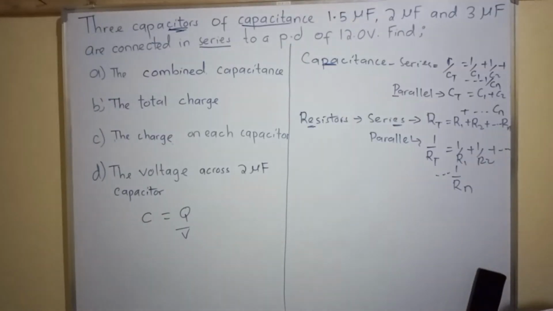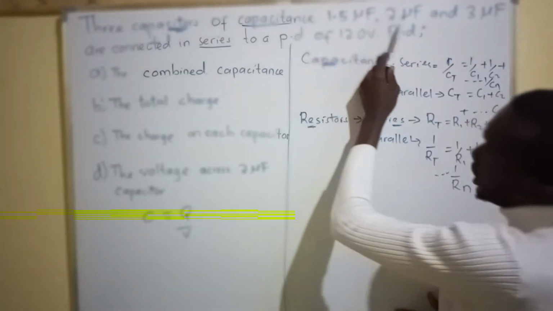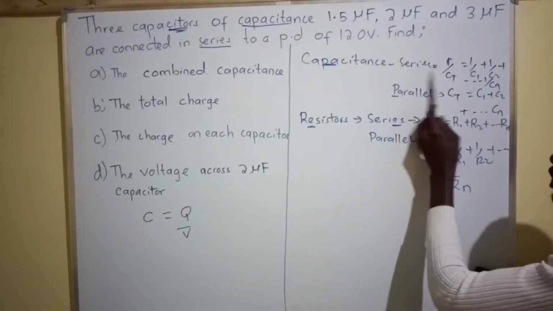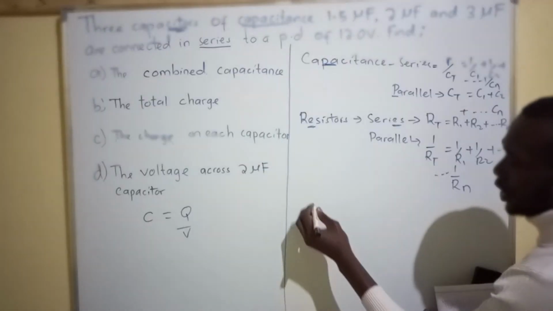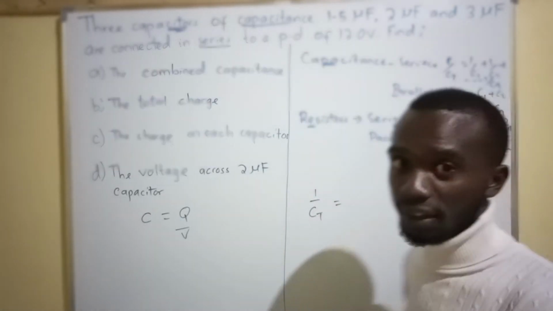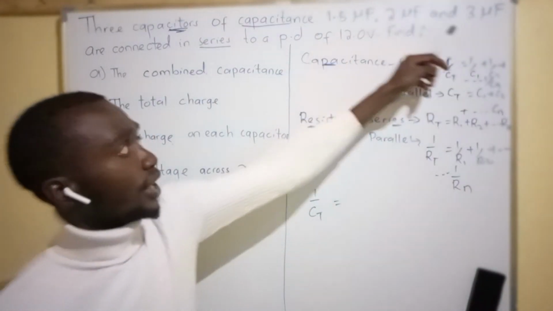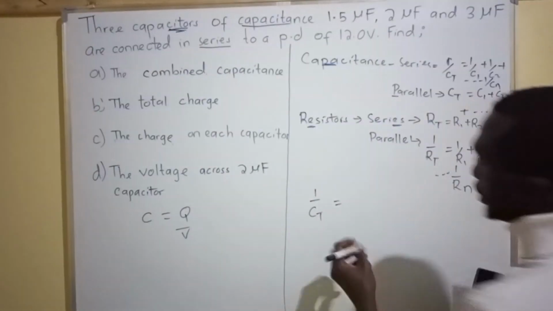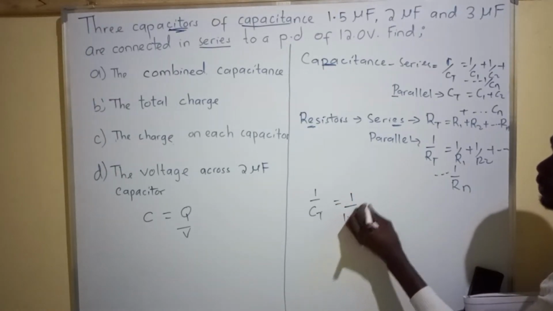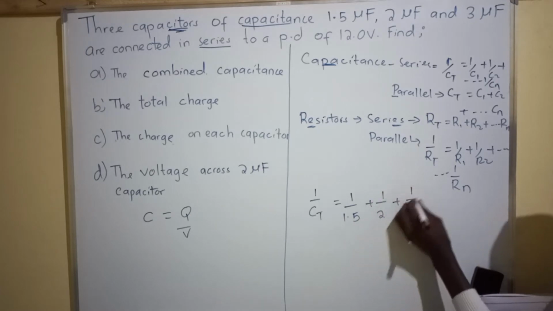Now, the capacitors are connected in series. We are going to use which formula? Capacitors in series is 1 over Ct. Now, we say 1 over Ct is equal to, how many capacitors do we have? In this case, there are 3 capacitors: 1, 2, 3. So it is 1 over 1.5 plus 1 over 2 plus 1 over 3.